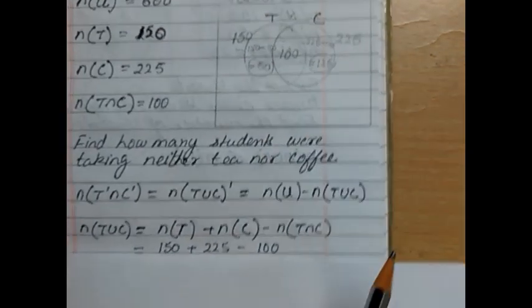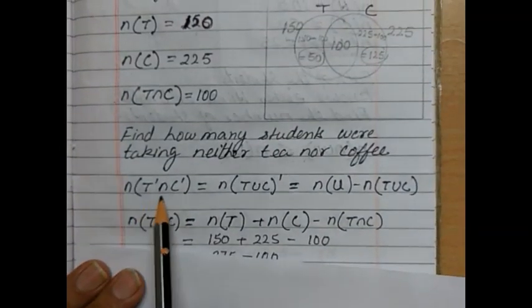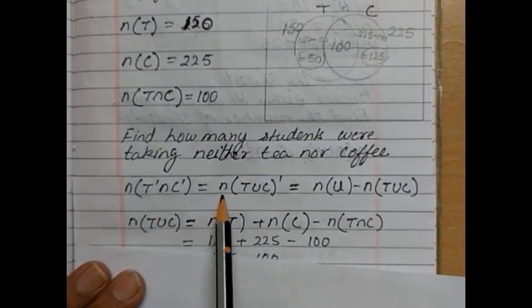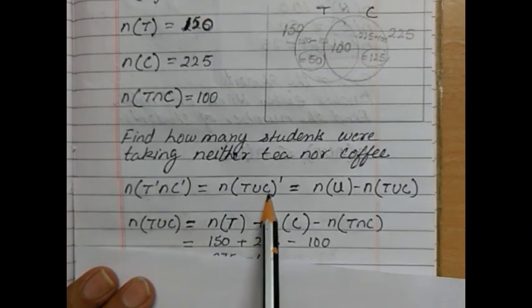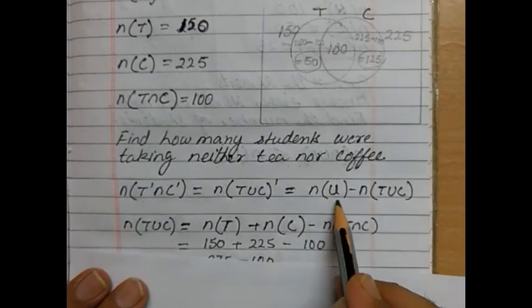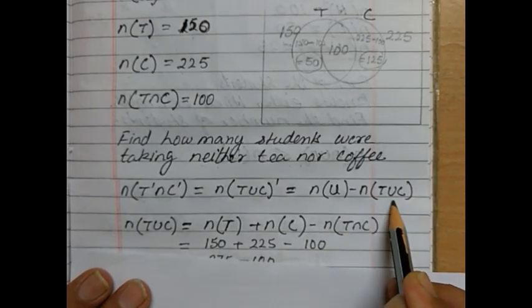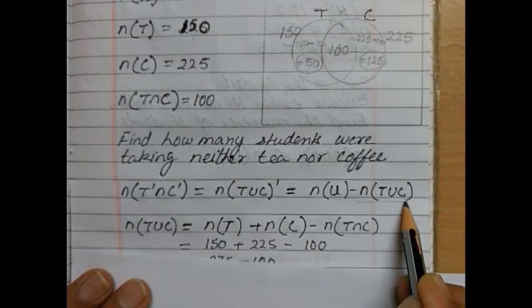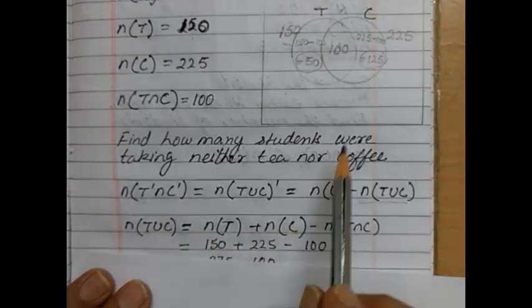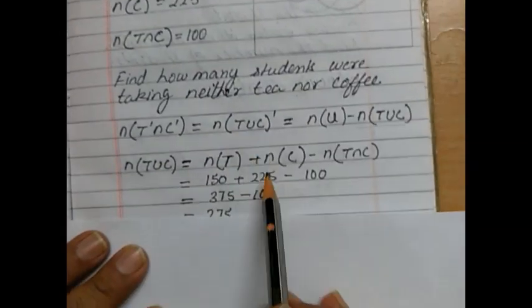So here we say it is the cardinal of T complement intersection C complement, so we will get the cardinal of T union C complement. So here we will have the cardinal of U minus the cardinal of T union C. We subtract this, and we will get the number of students who like neither tea nor coffee.